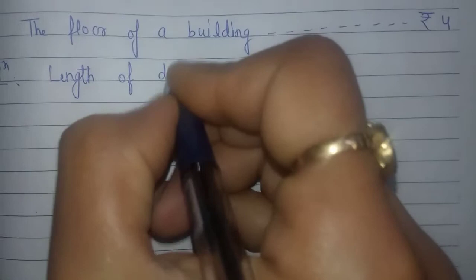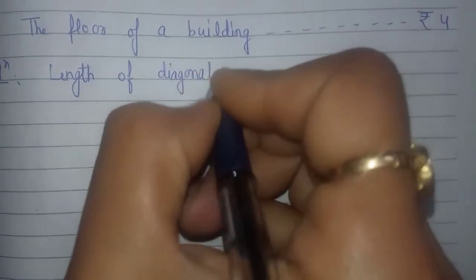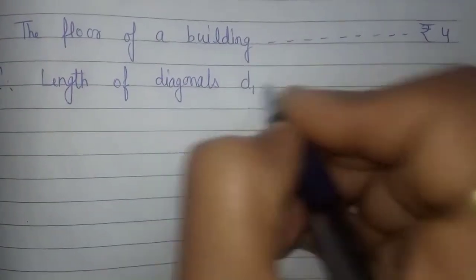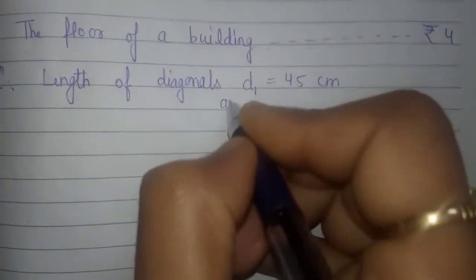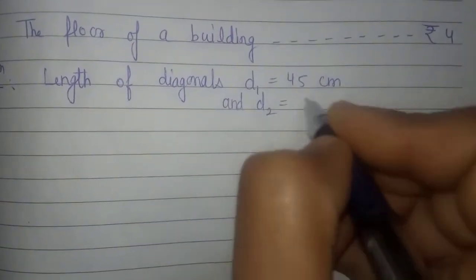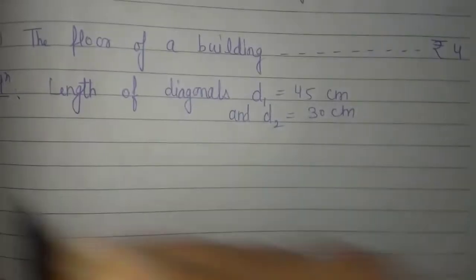We have length of diagonals d1 is equal to 45 centimeter and d2 is equal to 30 centimeter.